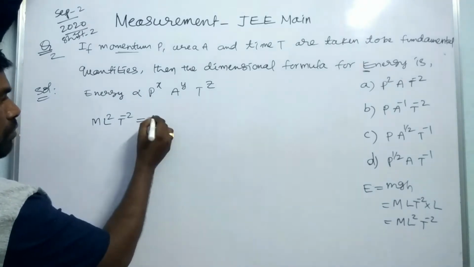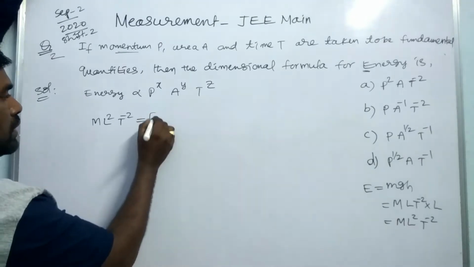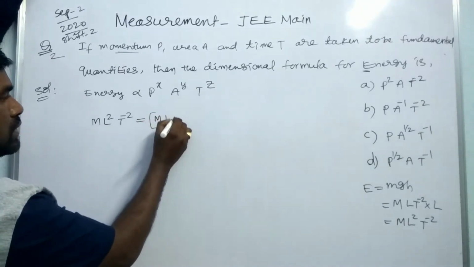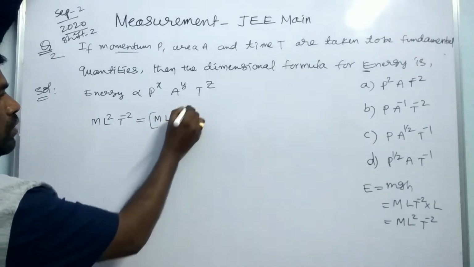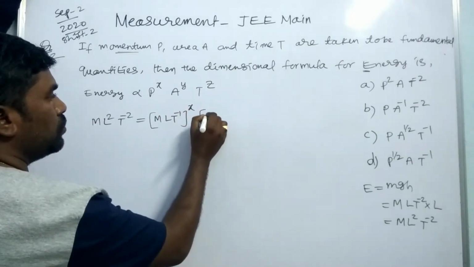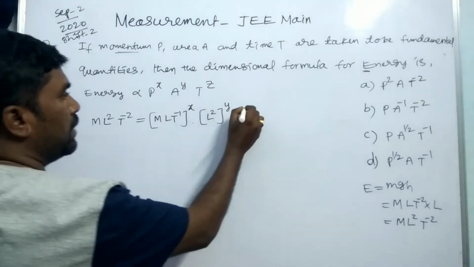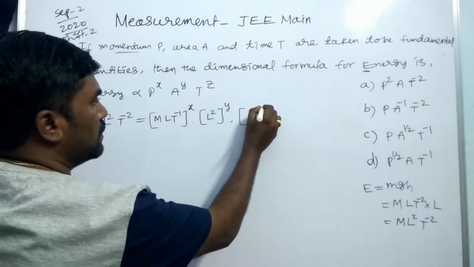P is the momentum, mass into velocity, so m L t minus 1 whole power x, into area, length into breadth, that is L into L, L2 power y, and time T power z.